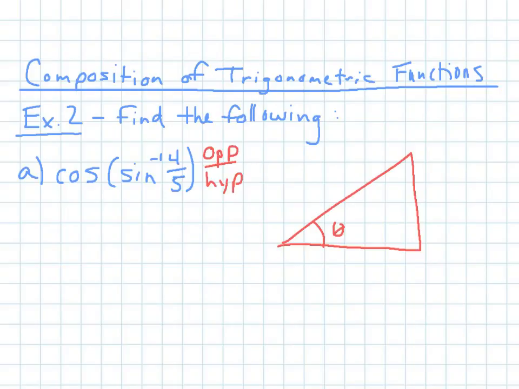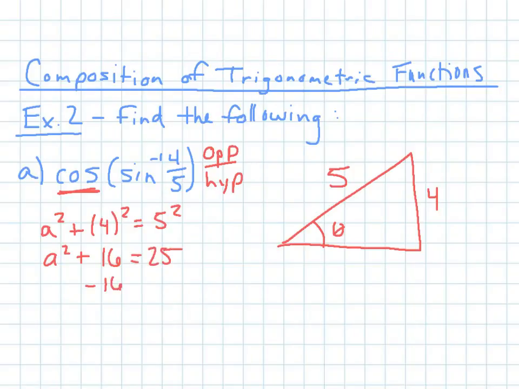So for this angle, 4 would be your opposite side, hypotenuse would be 5. So then now, maybe knowing the rest of the triangle, because you're going to be asking cosine, so you need to know what the adjacent side is. So do your quick Pythagorean theorem here. And then subtract that over.